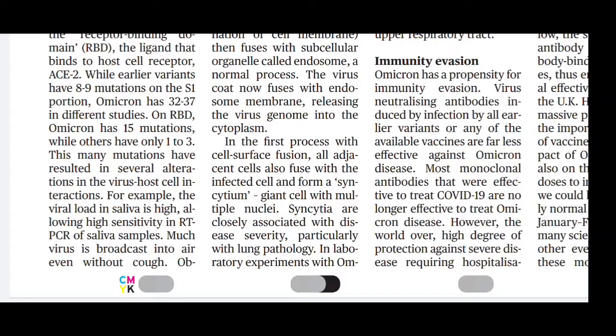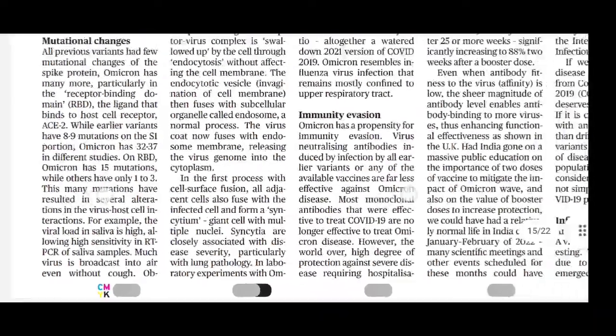This many mutations have resulted in several alterations in the virus host cell interactions. For example, the viral load in saliva is high, allowing high sensitivity in RT-PCR of saliva samples. Much virus is broadcast into air even without cough.